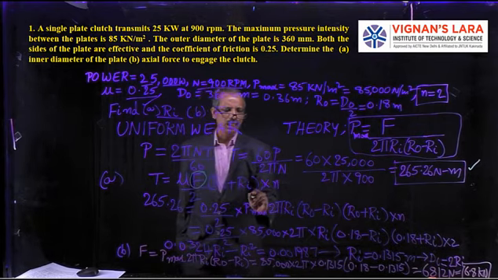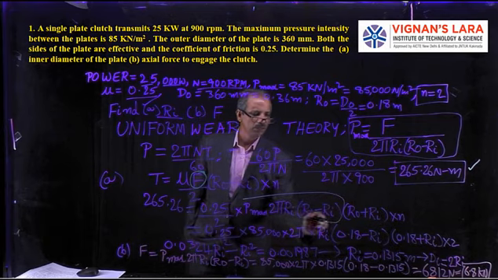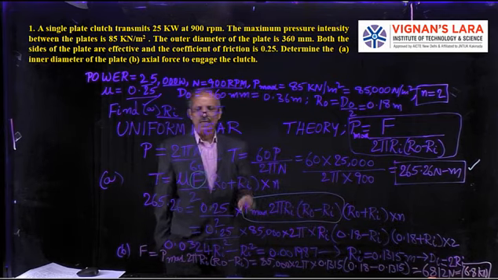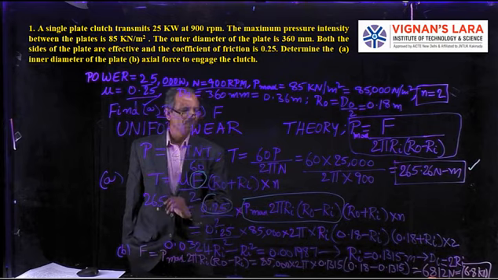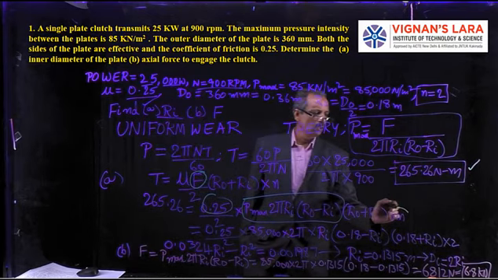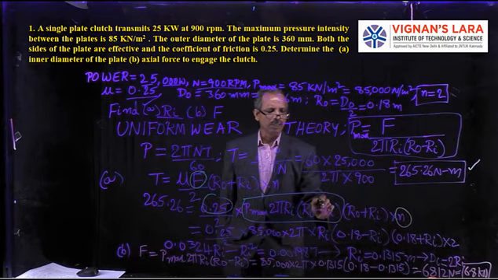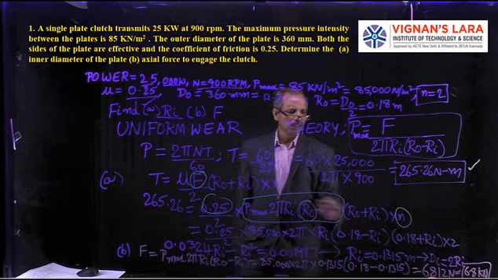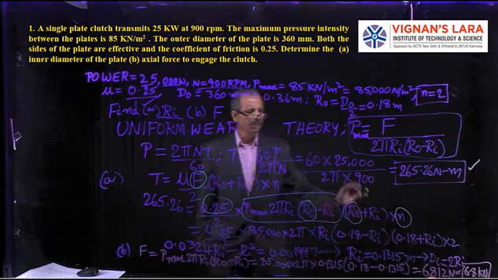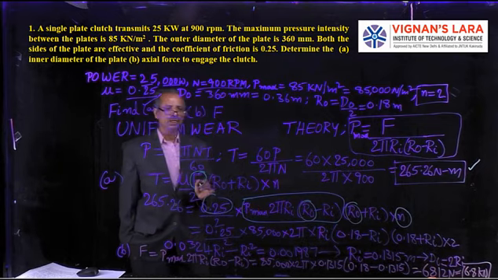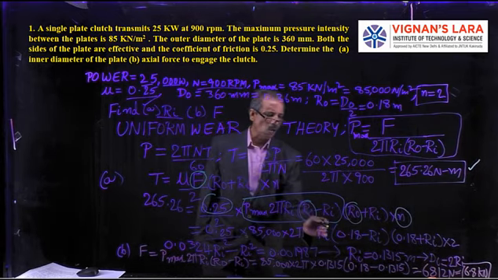Mu is given in the problem, N is total surfaces, which is 2, and I know the value of R naught. Then I substituted everything known. The only unknown term is Ri.